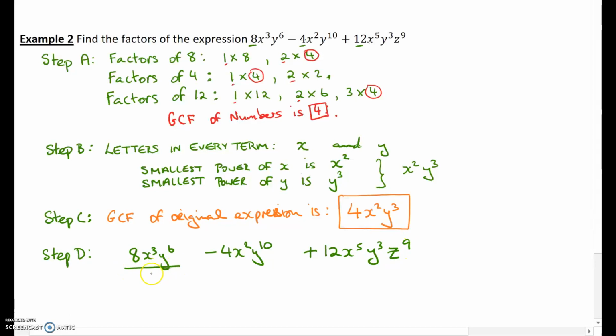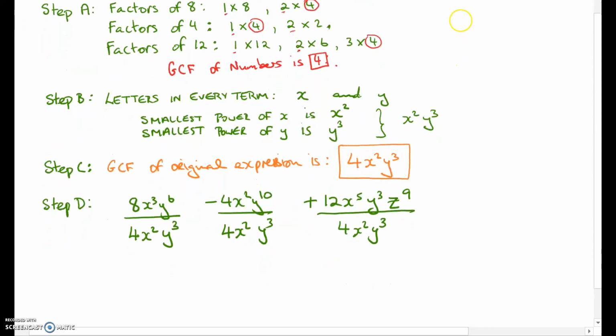Divide each of those by our answer for step C. In other words, by the greatest common factor of the entire expression, 4x squared y cubed. Each of them. Do that for each of them. 4x squared y cubed, and again 4x squared y cubed.